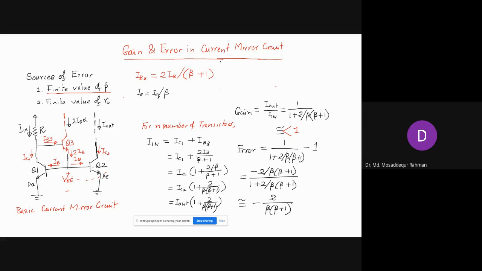So now our new error with the modified circuit is minus 2 divided by beta times beta plus 1, which also we can express as minus 2 by beta square, right? Since beta is much larger than 1. Okay.